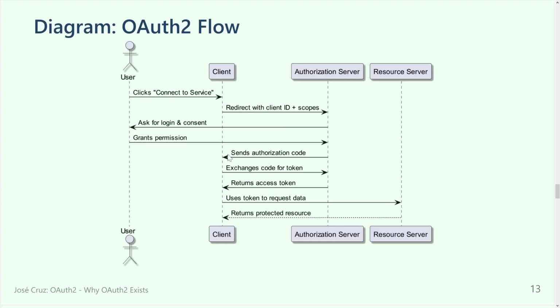By the way, this is one of the most important flows in OAuth, but there are usually some variants and other flows that you can use. For instance, if you have a mobile application and sometimes you are not in a browser environment, you can still apply OAuth flows, and that's why there are different flows, depending on the security of the system that you have.